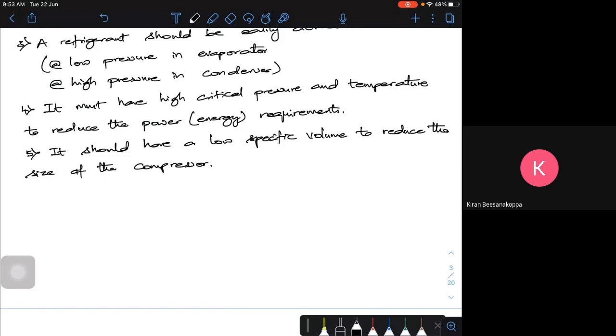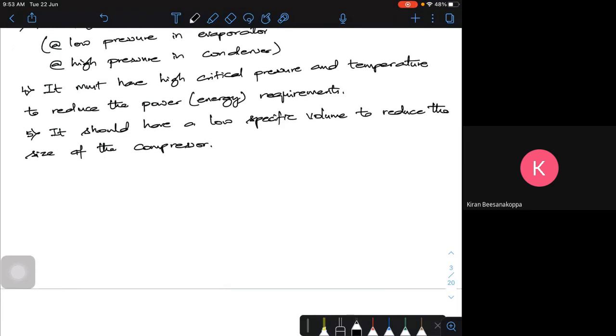At the same time, there is one property which is very, very important in your refrigerant: thermal conductivity. What is it actually? Thermal conductivity means the ability of a material to conduct heat. So the higher the value, the more heat I will be able to absorb. You might have seen copper.